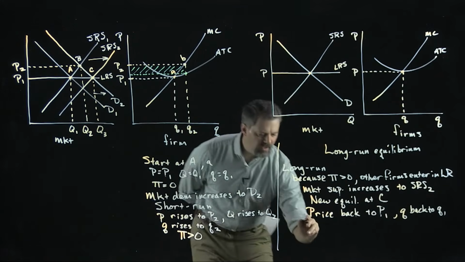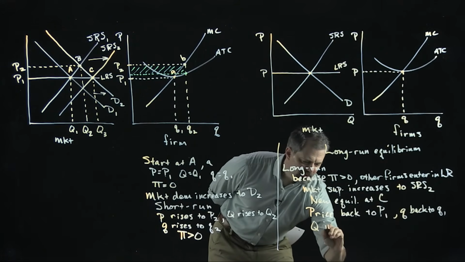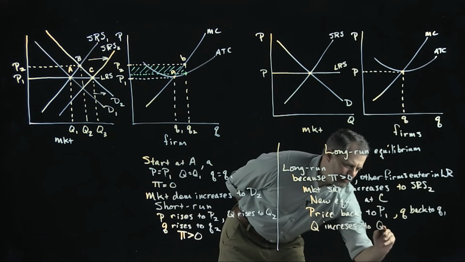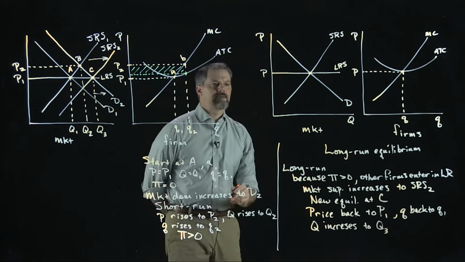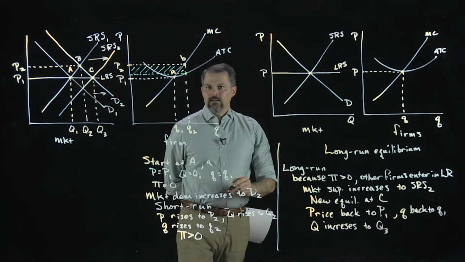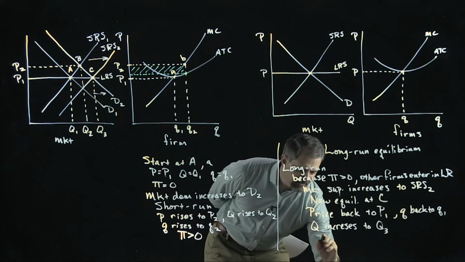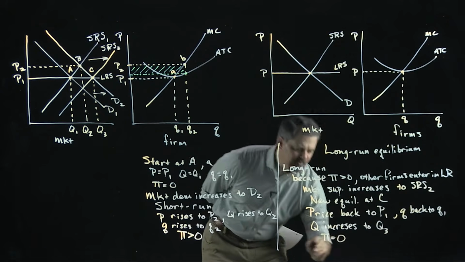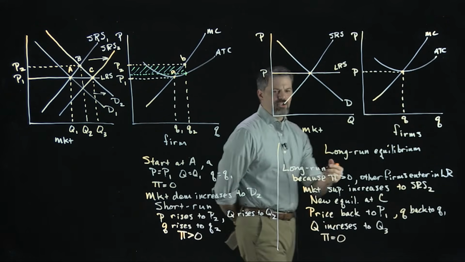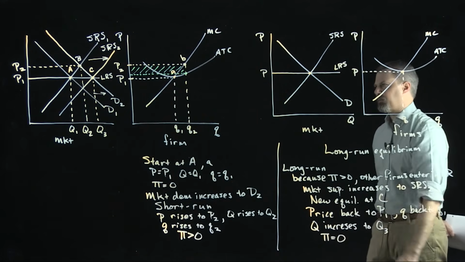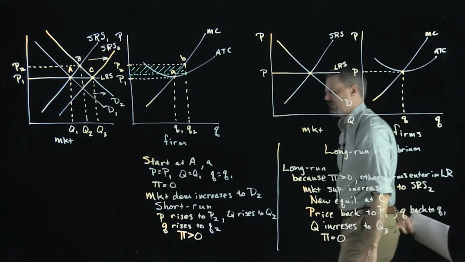So market quantity, Q, increases to Q3. And of course, because we're back here at P1, profit for each firm is back to 0.